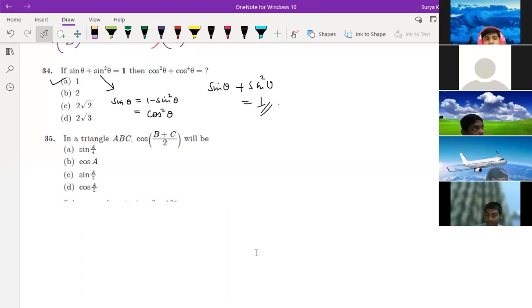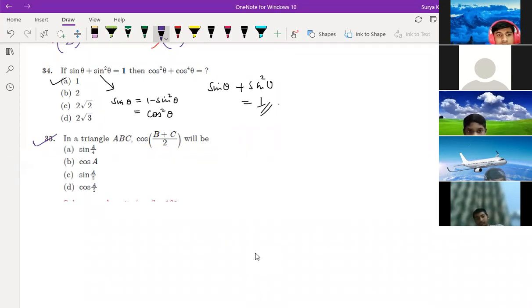In triangle ABC, cos (B plus C) by 2. B plus C by 2 means, what can we write? This is your second last NCERT question, right? Did you remember that? Yeah.